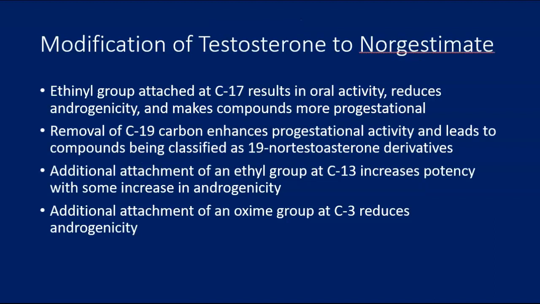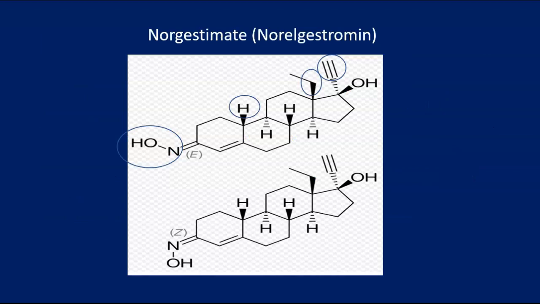Modification of testosterone to norgestimate leads to additional requirements for changes in the structure. You still have the ethinyl group at C17, removal of the carbon at C19, as well as an attachment of an ethyl group at C13, and an additional attachment of an oxime group at C3. The attachment at C3 is felt to reduce androgenicity in these particular compounds.